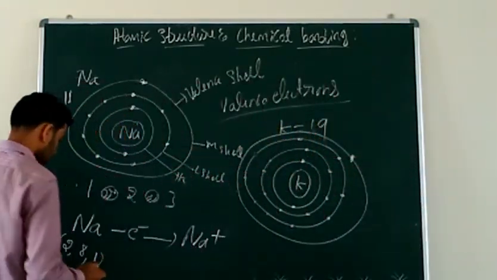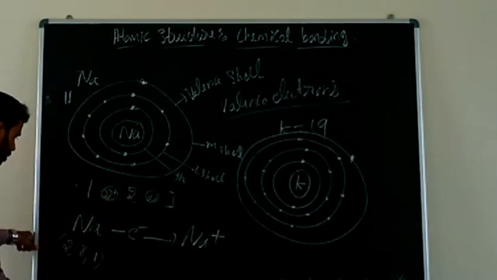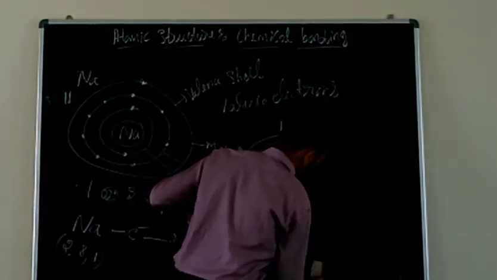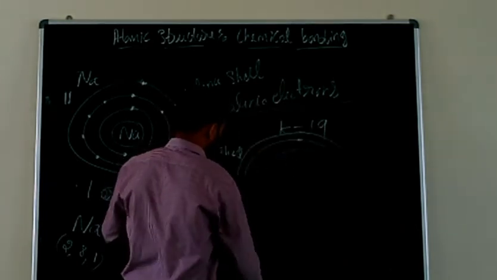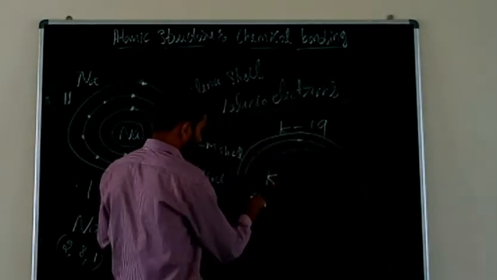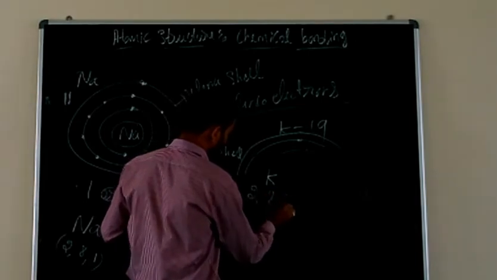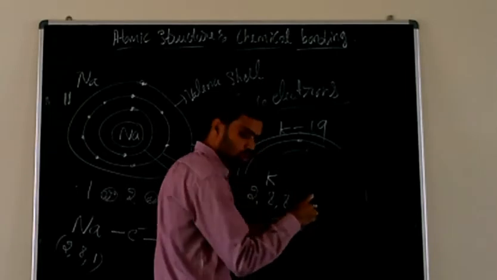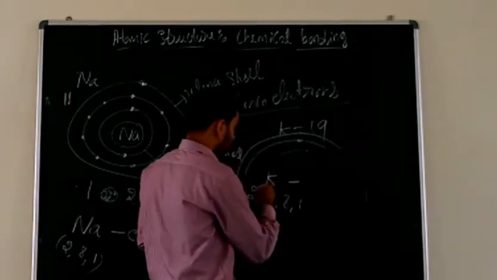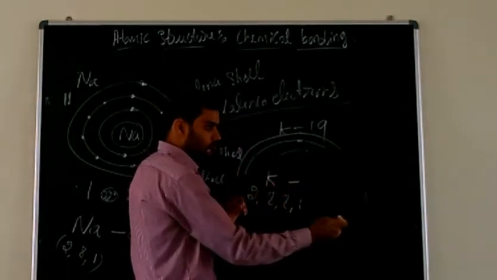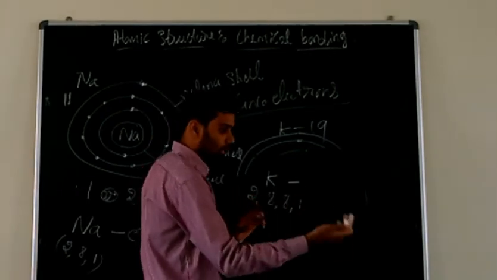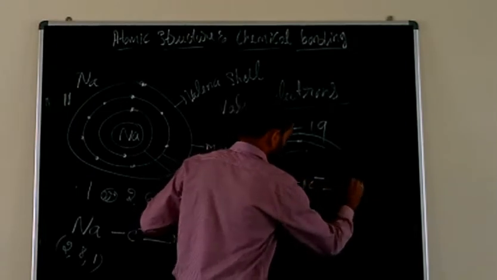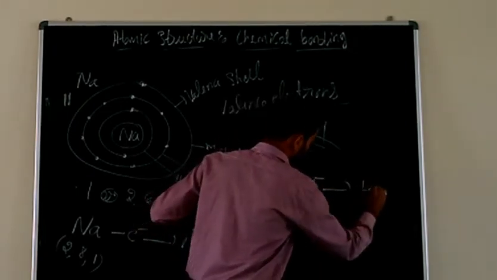Clear? Now look at potassium. It has 1 electron in its outermost shell, and its electronic configuration is 2, 8, 8, 1. So it is going to lose 1 electron and become a potassium ion, gaining the positive charge: K plus.